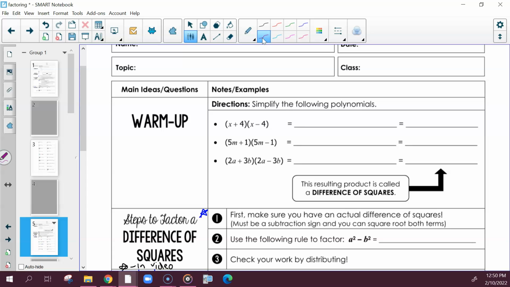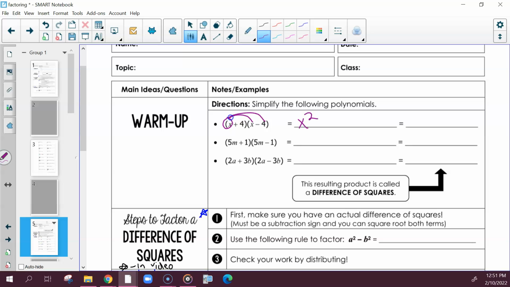So if we take this first term and multiply it to everything in the second, remember that when we're multiplying variables, we're adding the exponents, and it doesn't say it has an exponent of 1. So x times x would give us how many x's? 2, but yes, x squared.